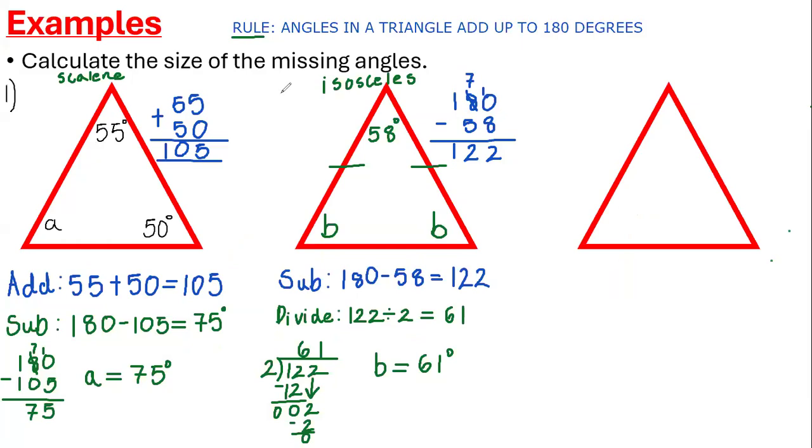Scaling, isosceles, equilateral. Crimson, that's what you said? Yes, sir. No, I was talking about how this one is A, this one is B, and this one is going to be C. That's the pattern I'm talking about.